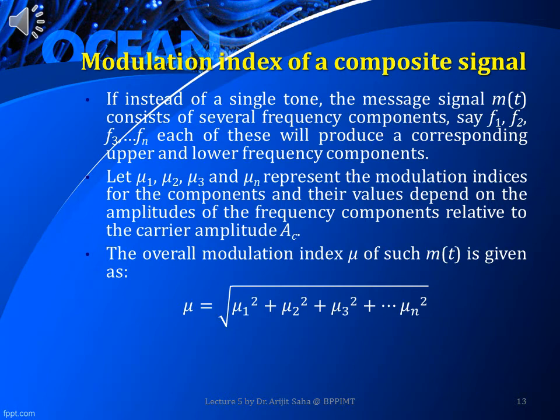Let us consider μ1, μ2, μ3 up to μn. They represent the modulation indices for the individual components, and their values depend on the amplitudes of the frequency components relative to the carrier amplitude A_c. Then the overall modulation index μ of such a signal m(t) is given as μ = √(μ1² + μ2² + μ3² + ... + μn²).